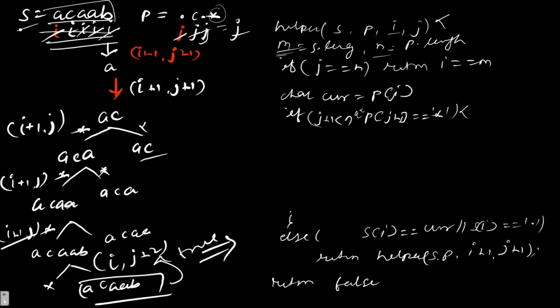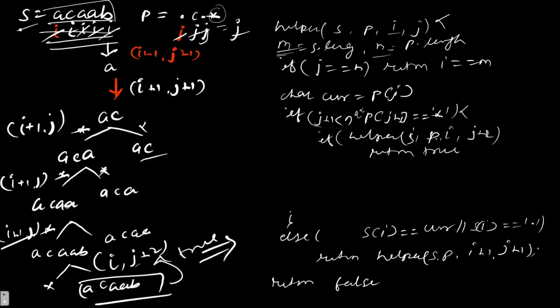Okay, so coming back, in the if case, if the next character is a star, then in the last case you can see that we will be checking whether helper of s, p, I and j plus 2 is true. If it is true, then we have to return true.